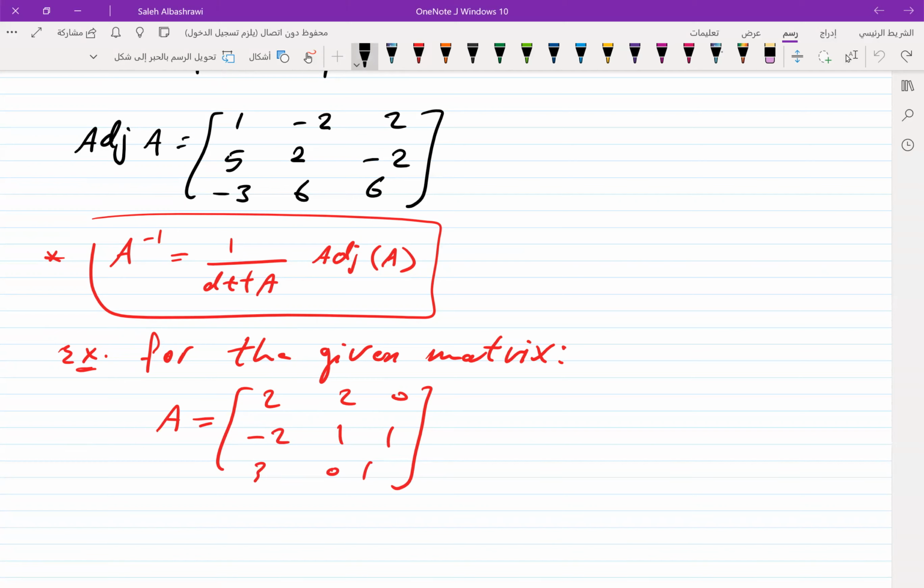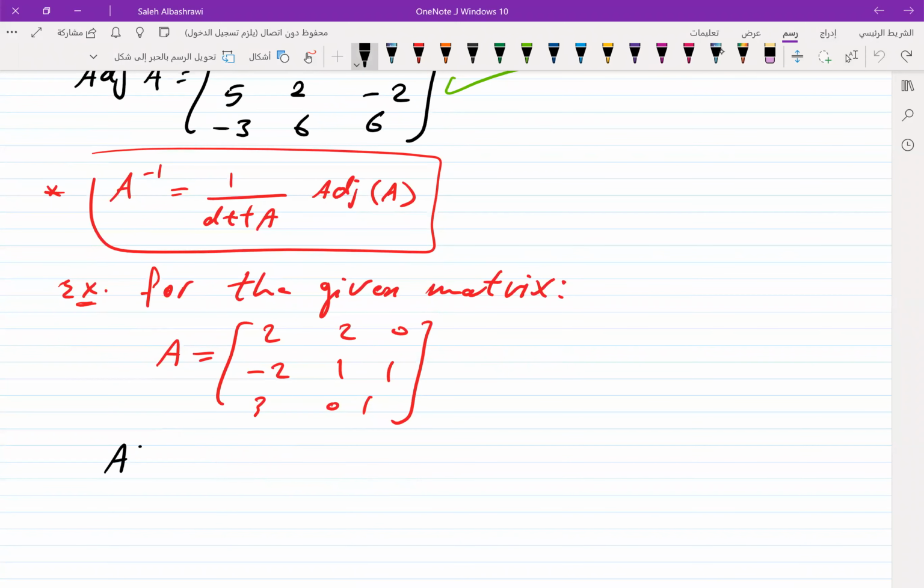We said that the adjoint is given by this matrix: 1, minus 2, 2, 5, 2, minus 2, minus 3, 6, and 6. The inverse is equal to 1 over the determinant of A multiplied by the adjoint of A. So all I need now is to find the determinant for this one.